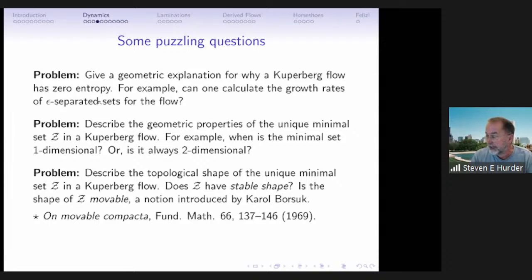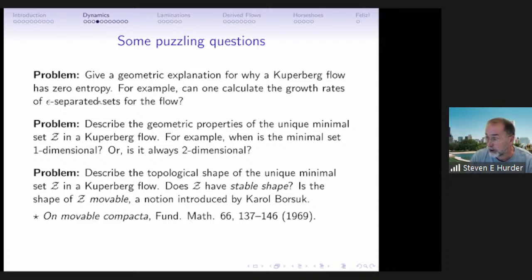So shape theory has a tool, but can you use it to analyze the shape of a minimal set in a Kuperberg flow, or more generally, an aperiodic one?